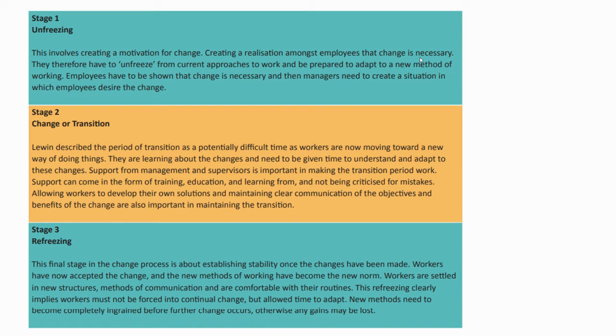So then there's something called Lewin's three-stage change. Again, it's one of those things with a name and a number. It can be asked in the test, what are Lewin's 3 stages? Stage 1 is unfreezing.